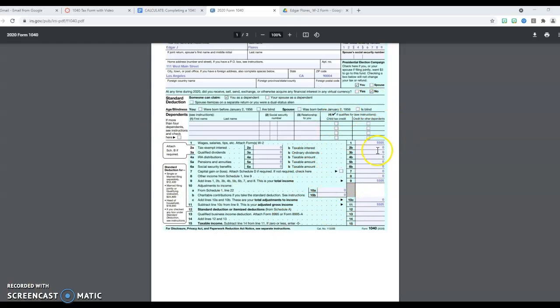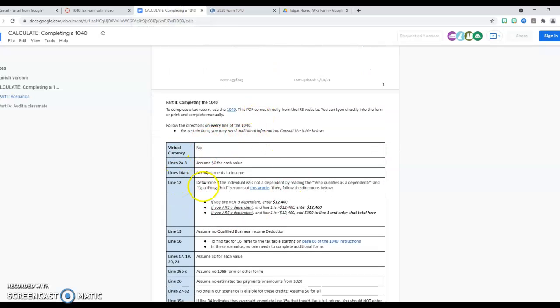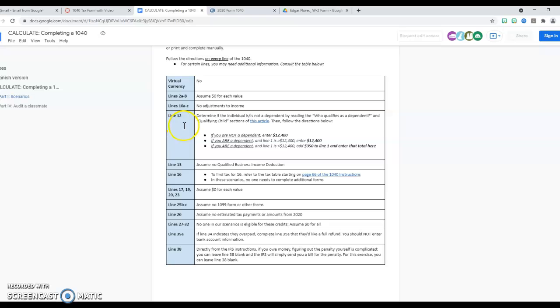All of this information that I've given, the zeros and the 5505, if you go back to your calculate completing a 1040, it will tell you all that information in part 2, which is virtual currency, assume 0 for each value, 2A through 8, lines 10A through C, no adjustments. Then we come to line 12.